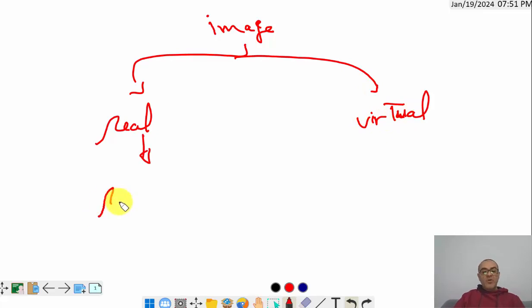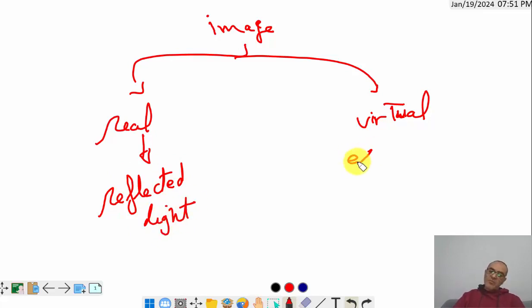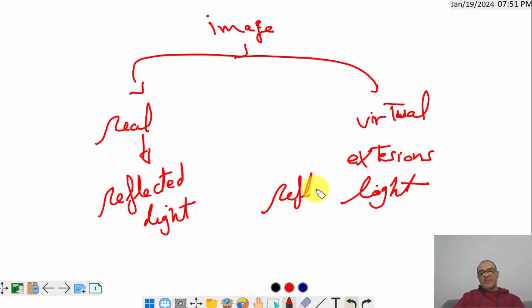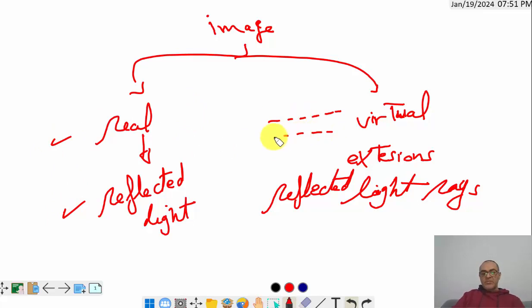The real one comes from reflected light rays, while the virtual one comes from extensions of reflected light rays. So when I say reflected light, it's a real image. Extension like this, or dotted reflected light, so it's virtual.